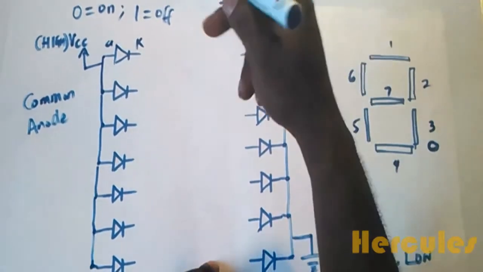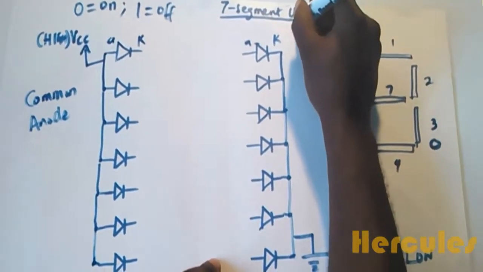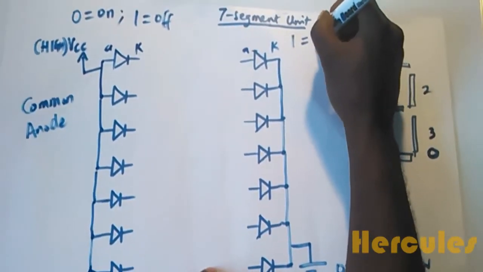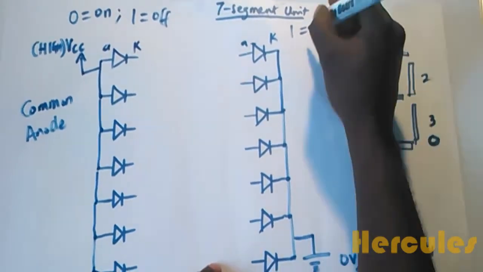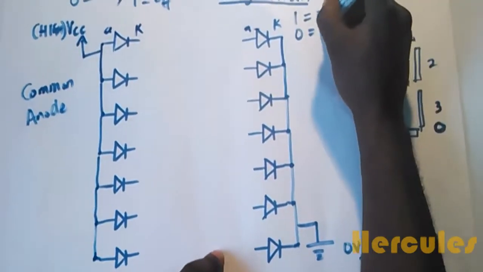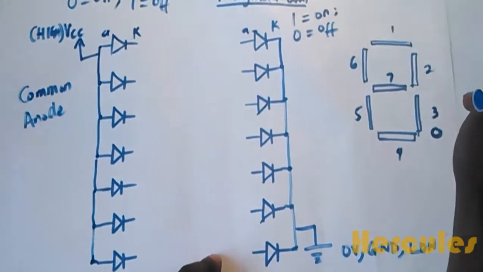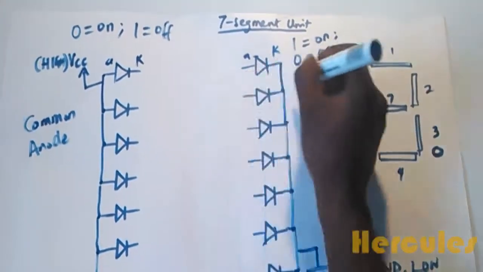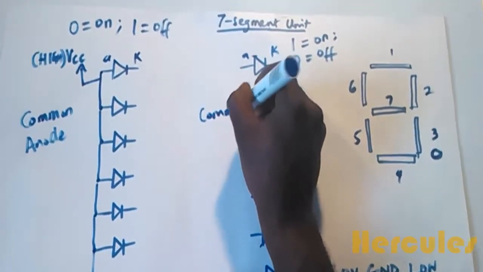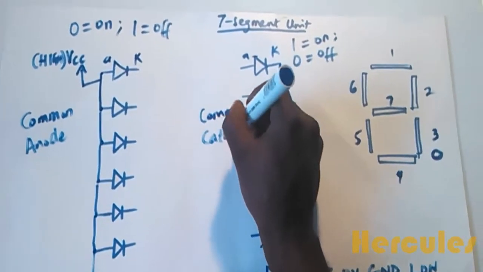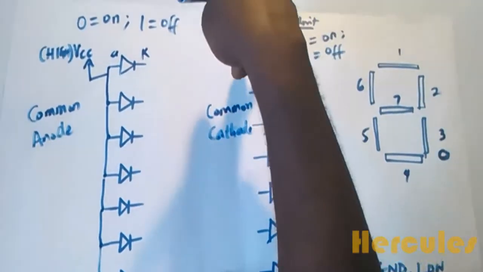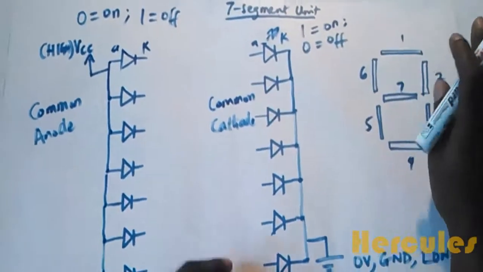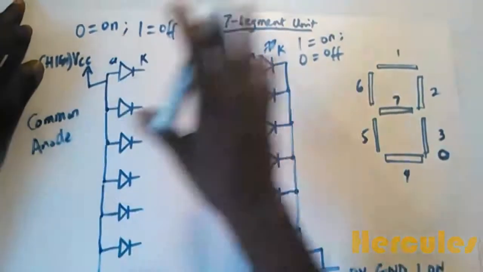So we can say here that a 1 is on and 0 is off. Common cathodes require a 1 applied on the anodes for the LEDs to come on. So that's basically the difference between common anodes and common cathodes.